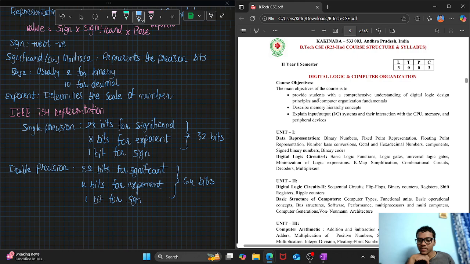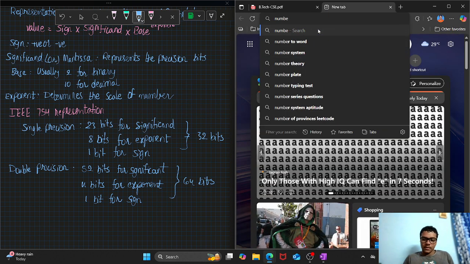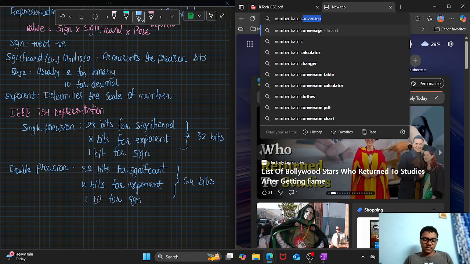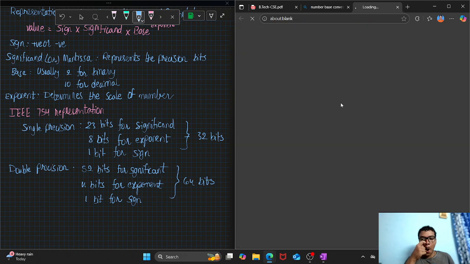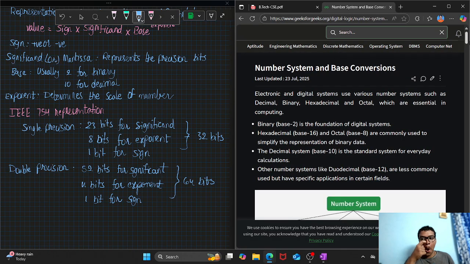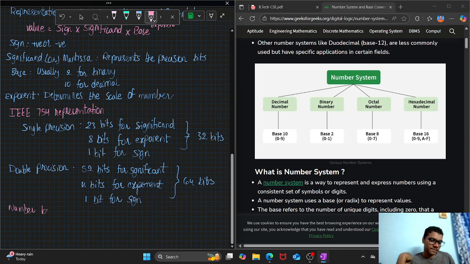Number base conversions. Okay, the classic thing. I think we have already studied all of this before, but let's do this once again.